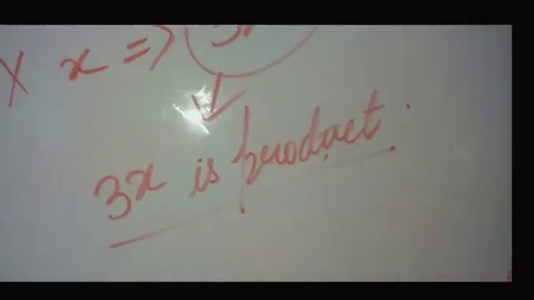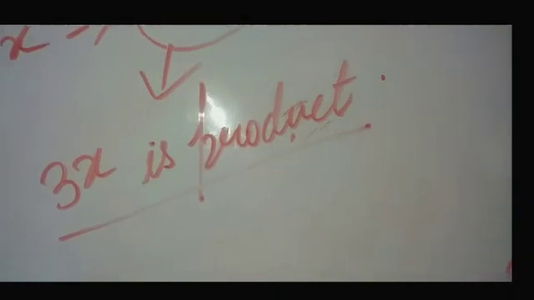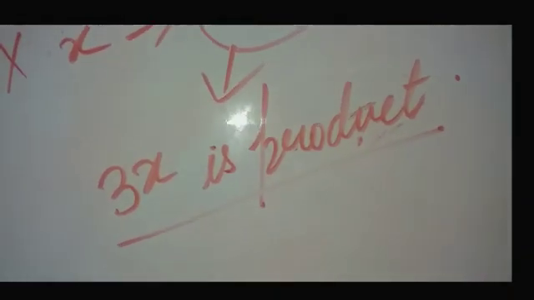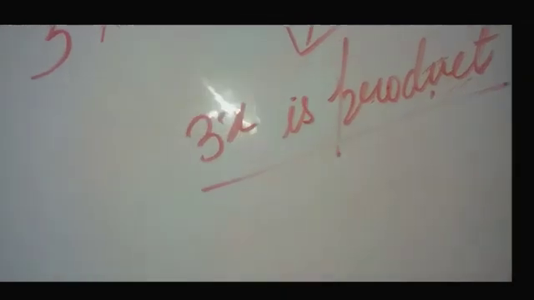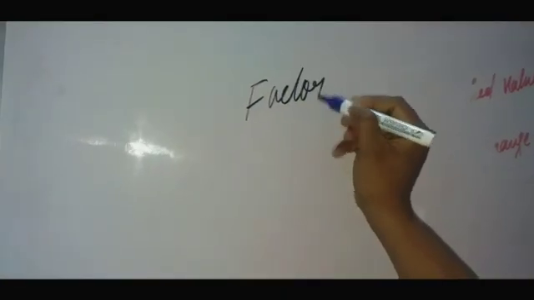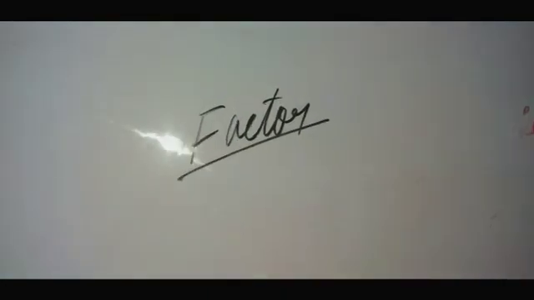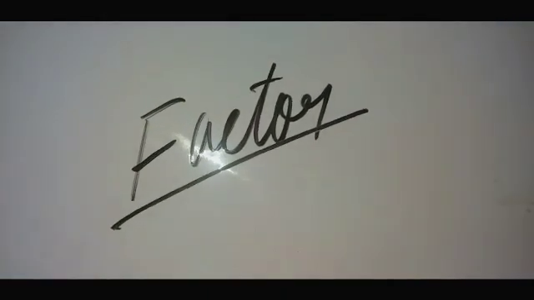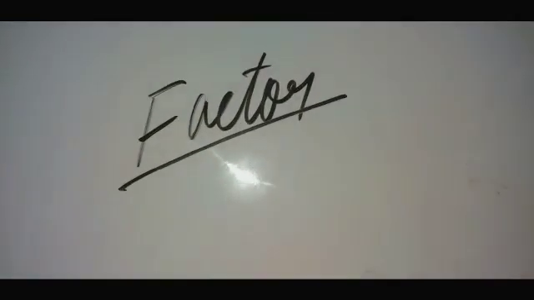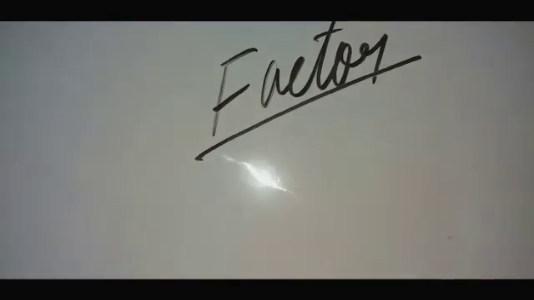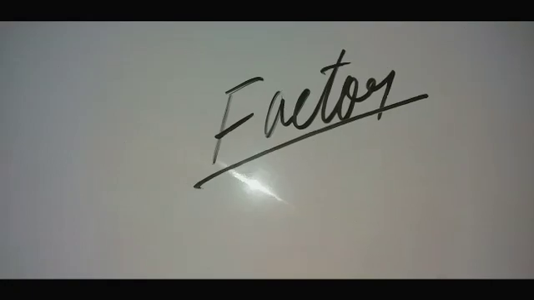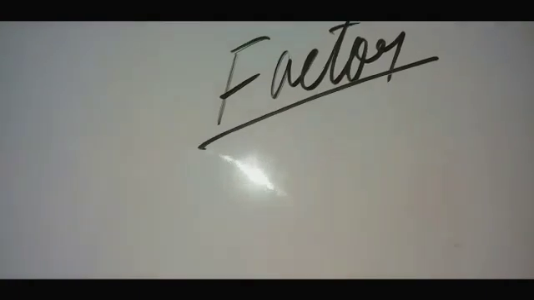Our next topic is factor. What is factor? Each of the quantities, constants or literals, multiplied together to form a product. A few seconds previously we studied what is product. When we multiplied literals and constants, the result is known as product.